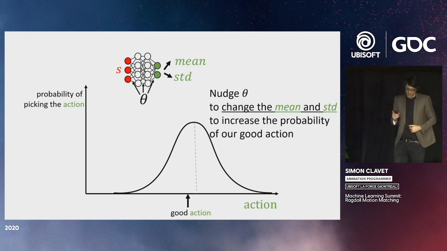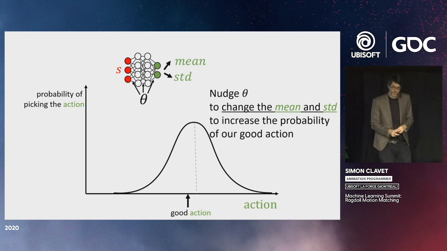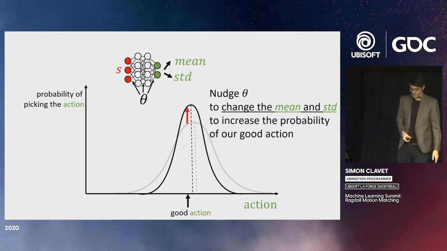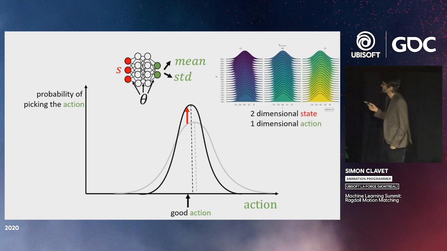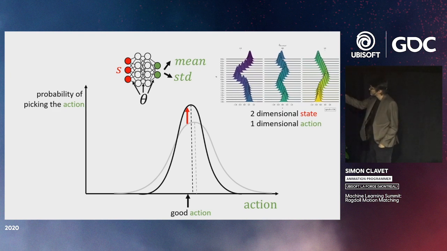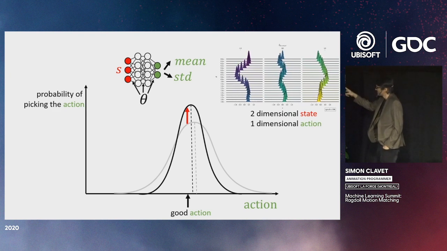And when the good action is close to the middle, what's going to happen? It's going to get spikier, and this is where you're going to focus on the good solution. So what happens when you have a 2-dimensional state and 1-dimensional action, you can have this fun little visualization here.